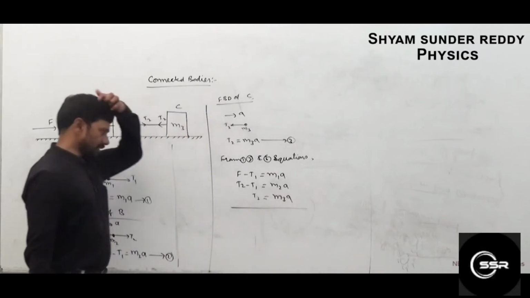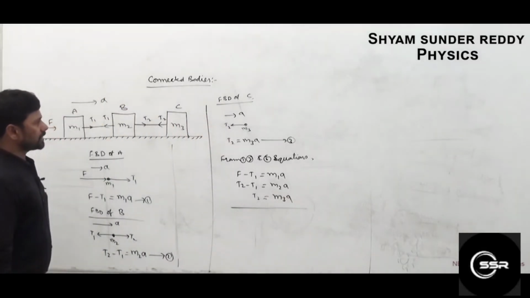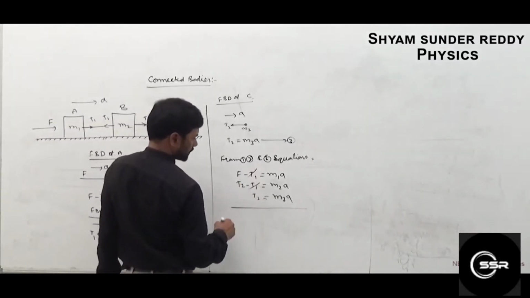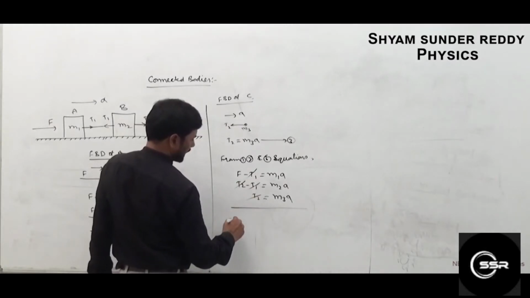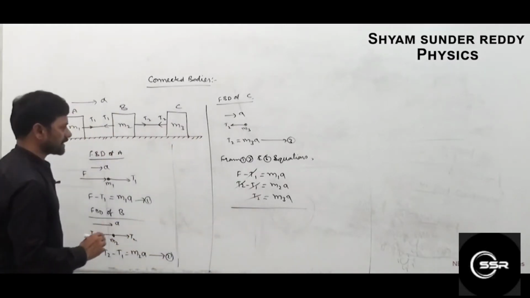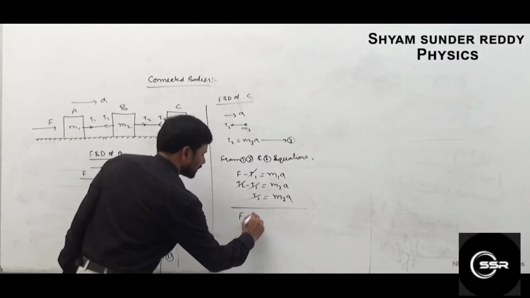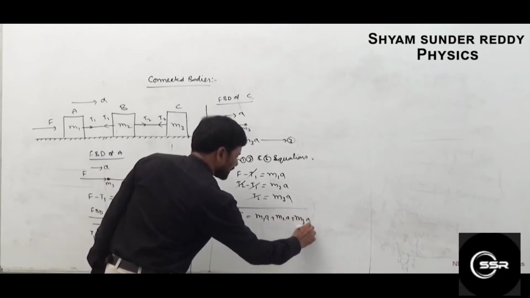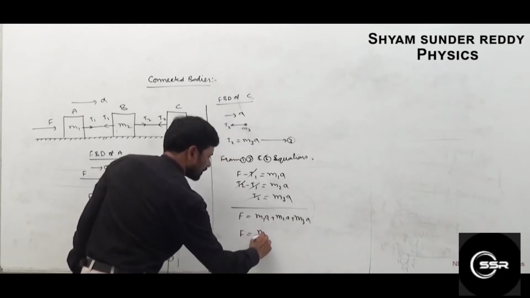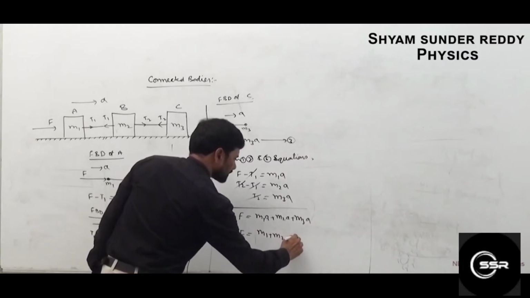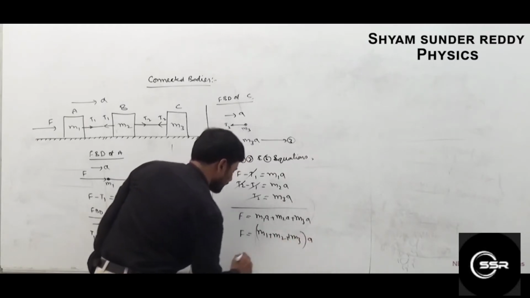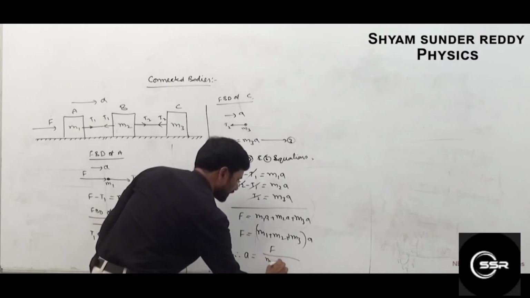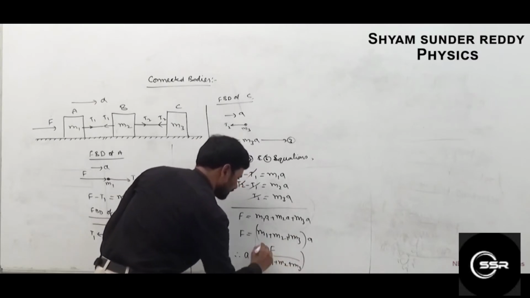The T2 minus T1 terms get cancelled. Then we will get F is equal to M1A plus M2A plus M3A. So F is equal to M1 plus M2 plus M3 into A. Therefore, A is equal to F by M1 plus M2 plus M3.